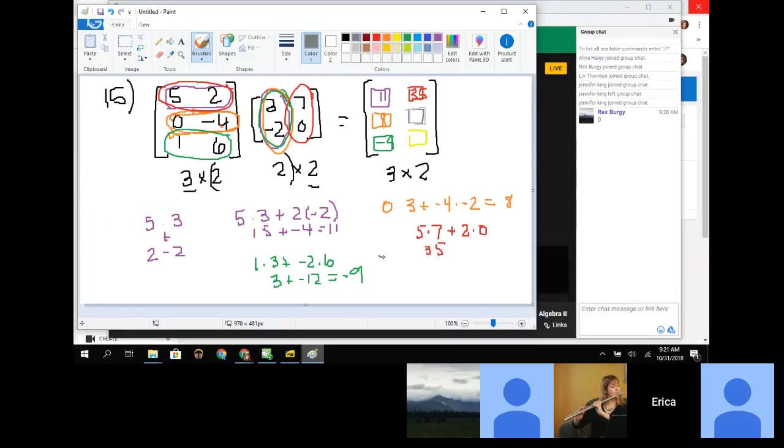I agree with Otto. So this is your second row, second column. So you're going to get 0 times 7 plus negative 4 times 0, and you end up with 0.